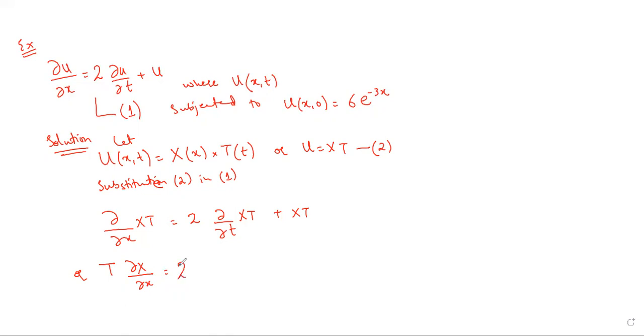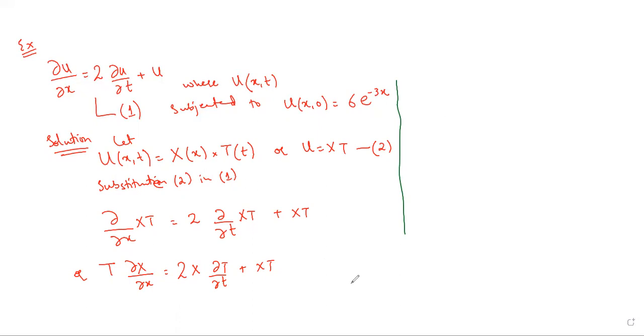Similarly, for the partial derivative with respect to t, this X is treated as constant, so we can take it outside the differential operator, plus X into T. Now currently we have substituted and simplified some of the steps with respect to the partial differential operators. Now let's suppose after this simplification, we have to separate the variables. Before the separation of variables, we cannot consider it as equal to k or k square or minus k square, the step that was discussed.